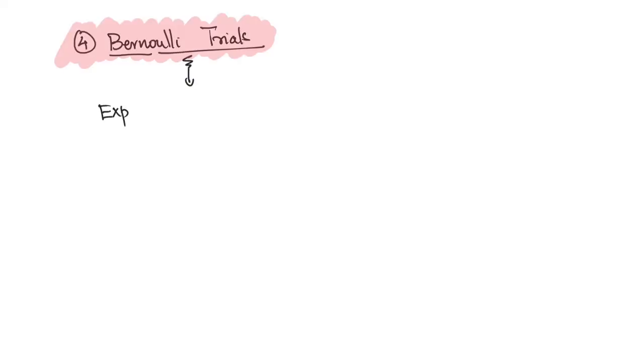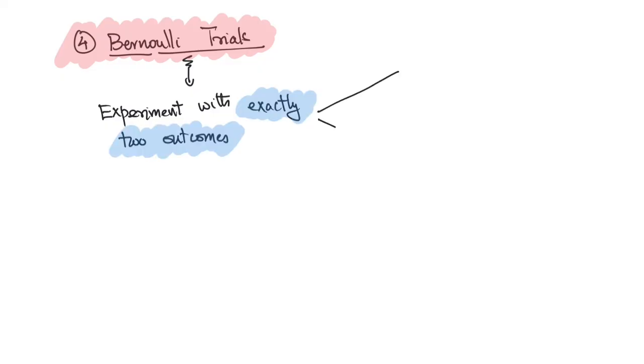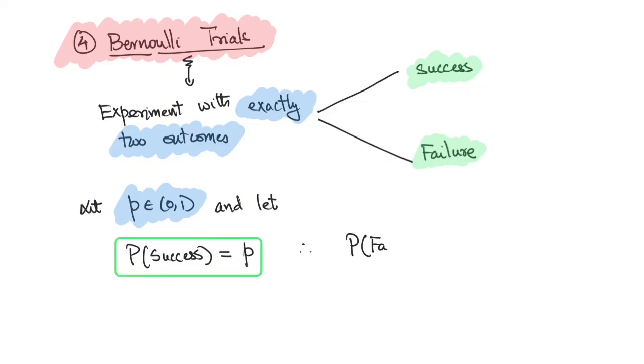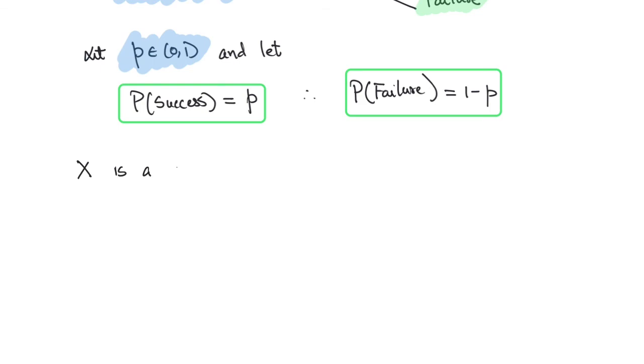We finish up with a discussion about Bernoulli trials and the Bernoulli random variable. An experiment in this setting is going to have exactly two outcomes, a success or a failure. And if p belongs to 0, 1, then we will let the probability of a success equal p and the probability of a failure equal 1 minus p.